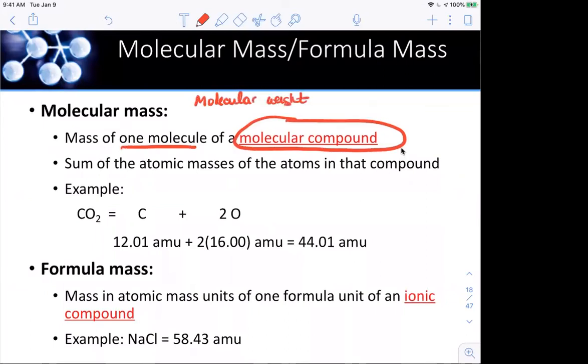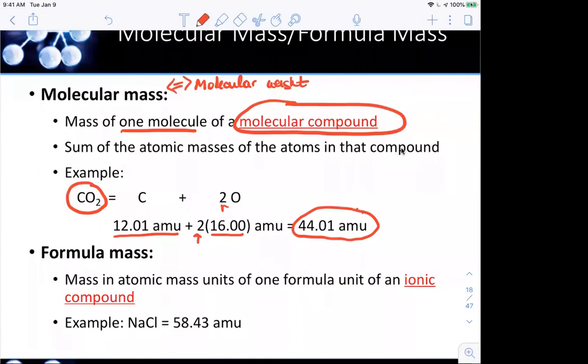I know weight is different from mass because weight has to do with the force of gravity, but these are really used as synonyms. So if I want to figure out the molecular mass of carbon dioxide, I have one carbon atom and two oxygen atoms. I sum the atomic mass of the carbon and 2 times the atomic mass of oxygen, and this is going to be the molecular mass or the molecular weight of carbon dioxide.